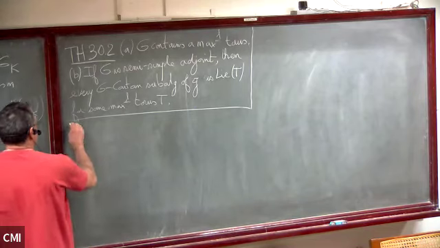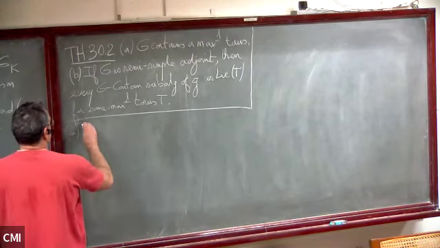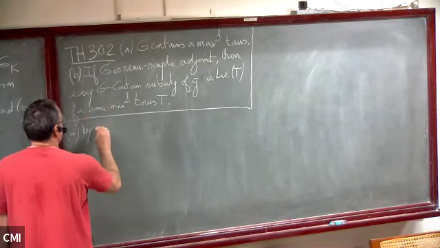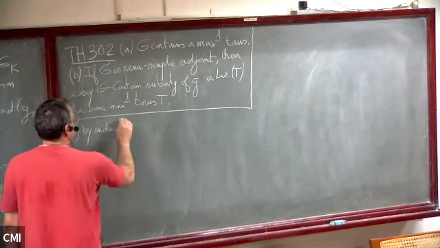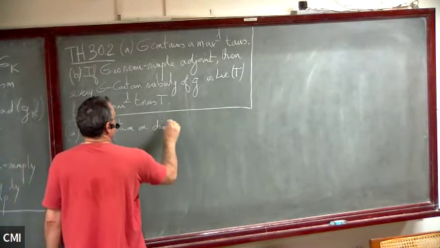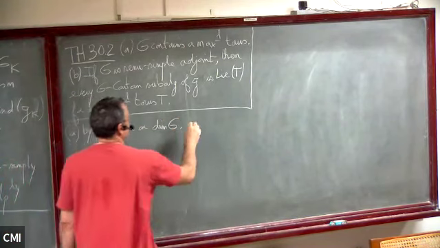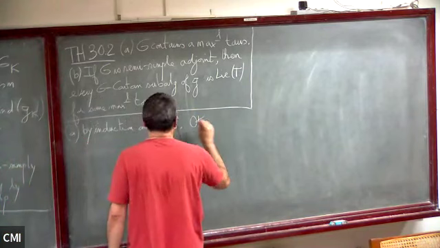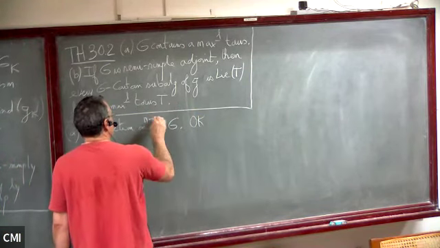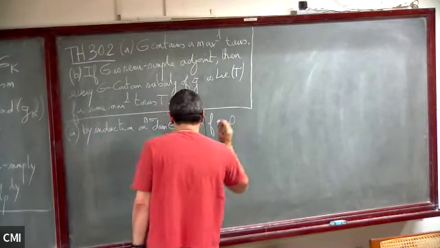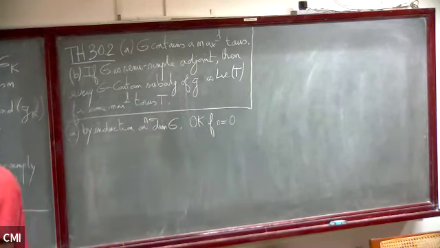So we prove A by induction on the dimension of G. Let's call n the dimension of G. Of course, if n is zero, G is a trivial group and there is nothing to prove.